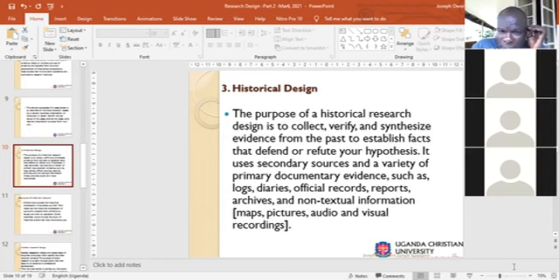So that is the beauty of historical design. You can decide that I'm going to take a study about issues from 1990 to now. I want to trace the performance of maybe Century Bottling Company.